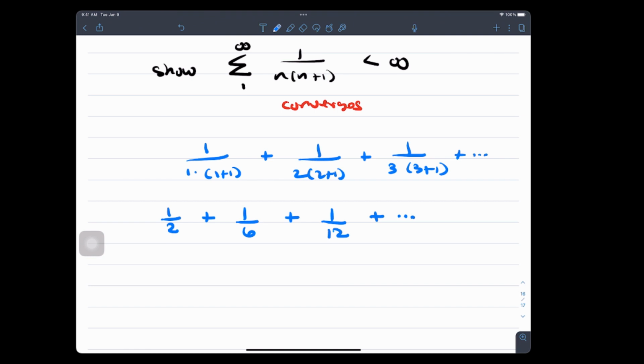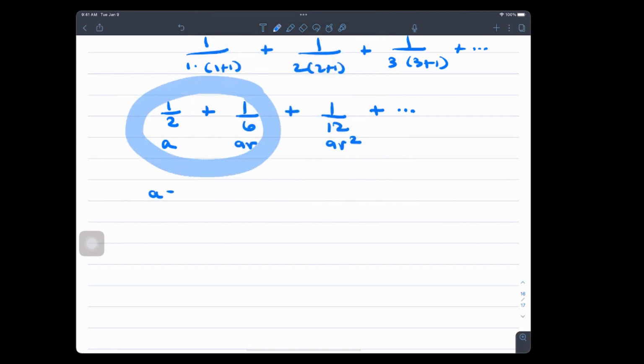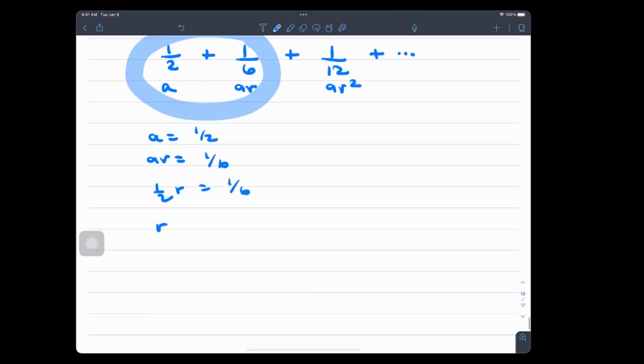So what we've been trying to do is say, hey, maybe these are geometric, A, AR, AR squared. So let's try to go through this, and it might be geometric. This information says that A is 1/2, AR is 1/6, so 1/2 R is 1/6. What does that mean about R then?